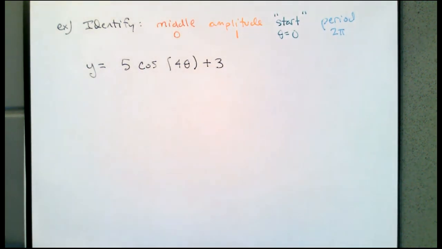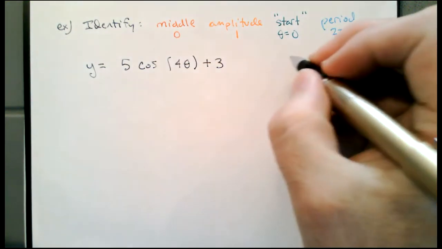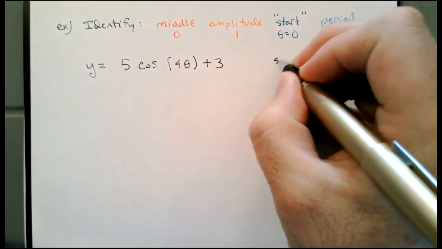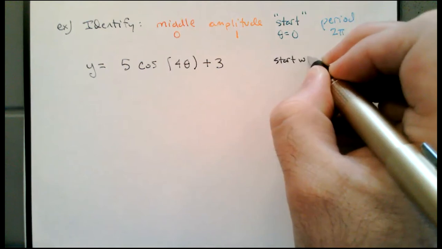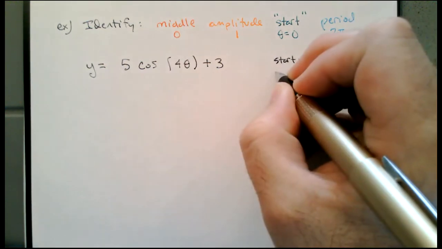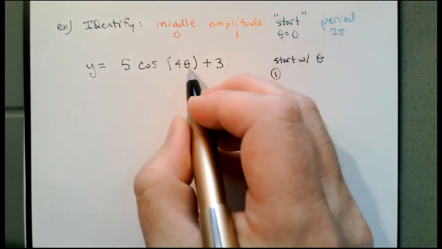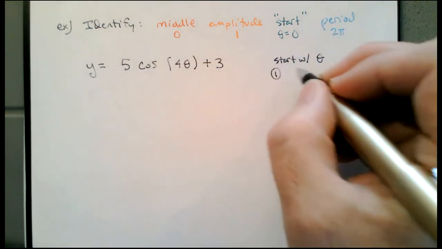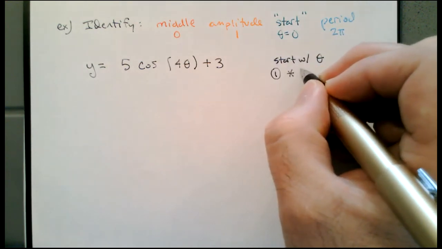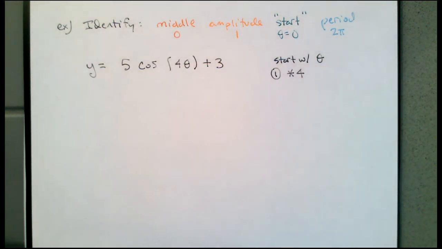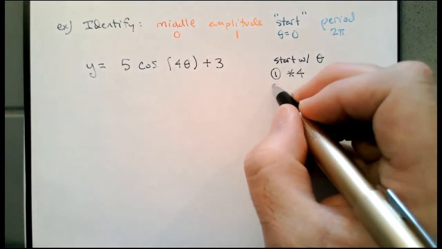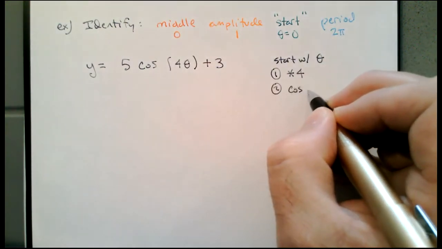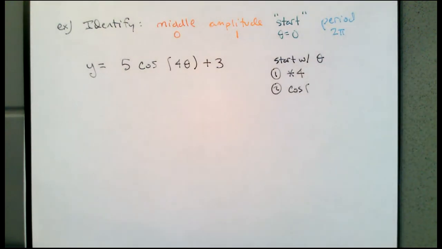So let's make a list of the order of operations that have happened. We start with theta. The first operation that happens to theta is that we multiply by 4. After we multiply by 4, we apply the cosine. So the second thing that happens is we do the cosine of whatever we got.